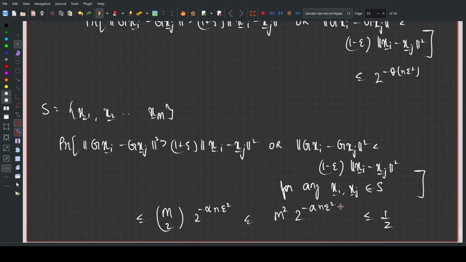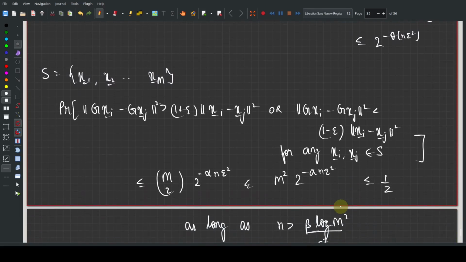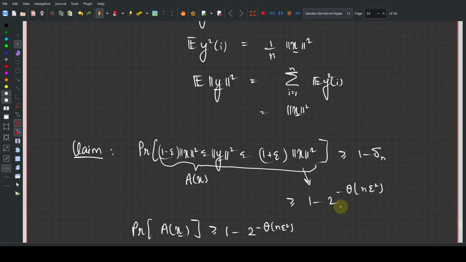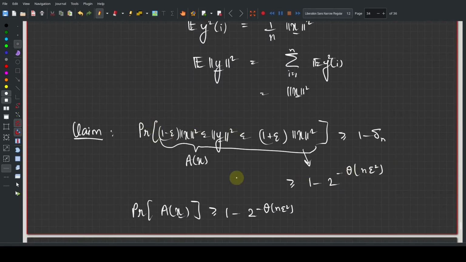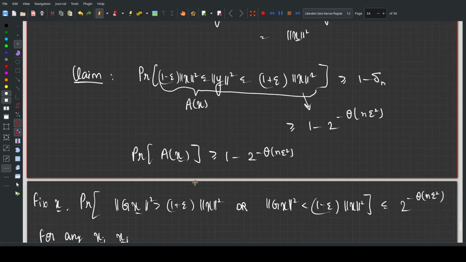Okay. Any questions? Okay, so all that is left is to prove this particular statement. The probability that this bad event happens, that the norm squared is not approximately preserved, is something that is vanishing in n epsilon squared.